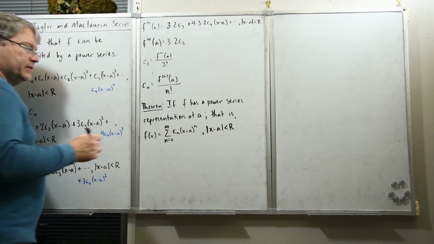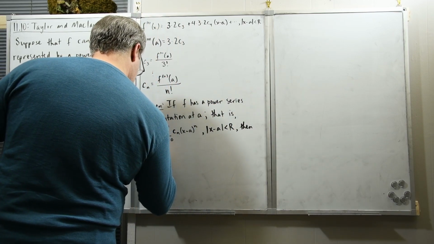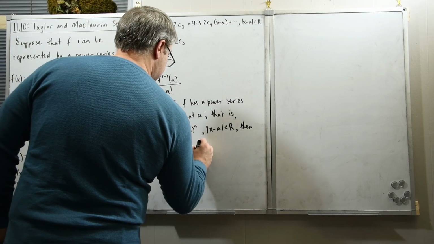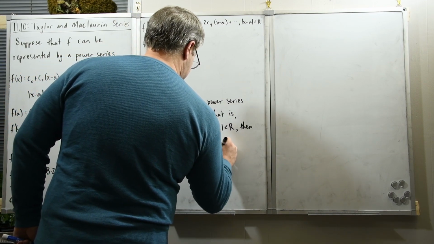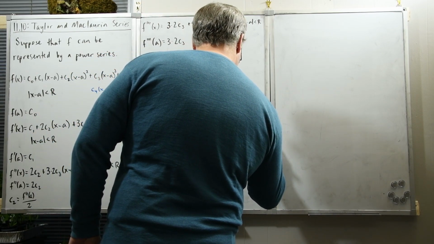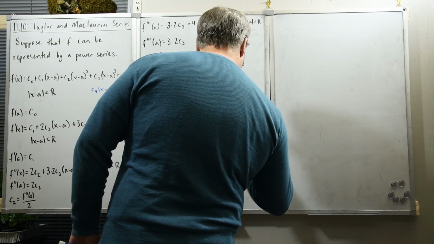Then its coefficients are given by c sub n equals the nth derivative of f at a over n factorial.